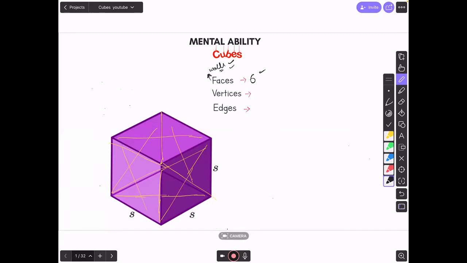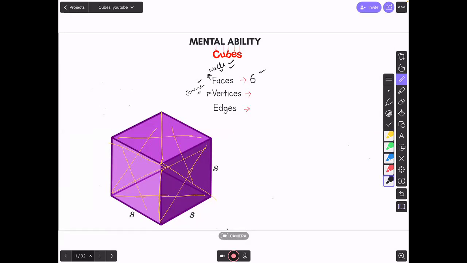What is the meaning of wall? Faces. Vertices means corner. So can you think and tell me, look at your room and tell me, how many corners are there in a cube, or how many corners are there in your room? Yes. How many corners are there? 8.